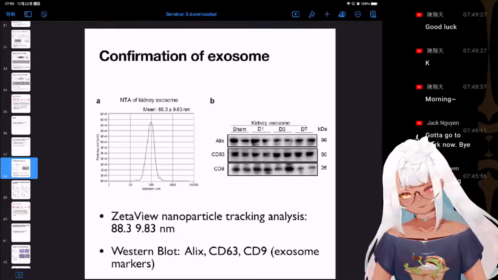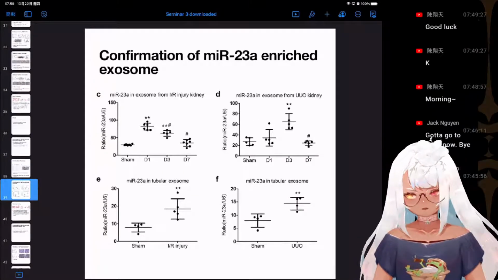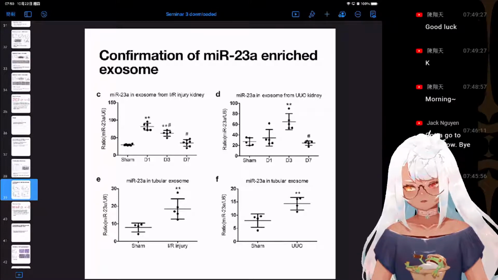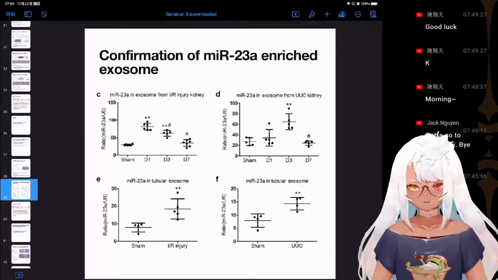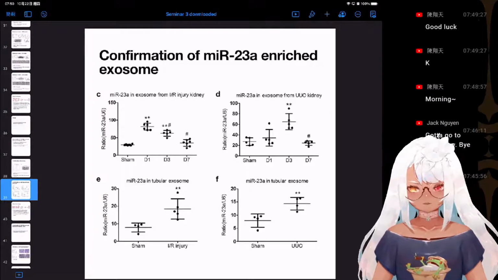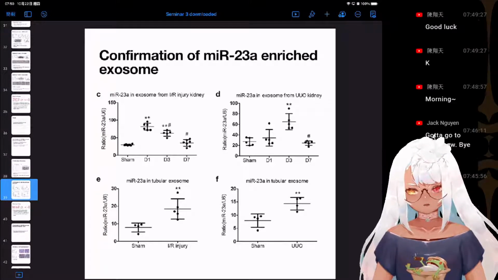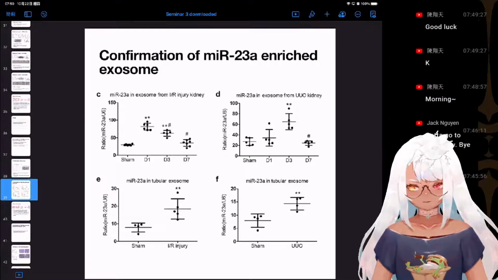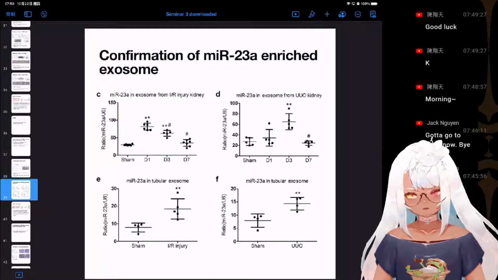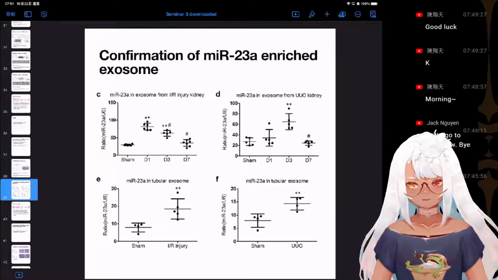Okay. So after confirming that the exosome actually exists, the next thing they want to know is whether there is miR-23a inside this exosome. In figures C and D, in the IR injury kidney and UUO kidney model, the kidney lysates are collected and the exosomes are extracted using differential centrifugation.